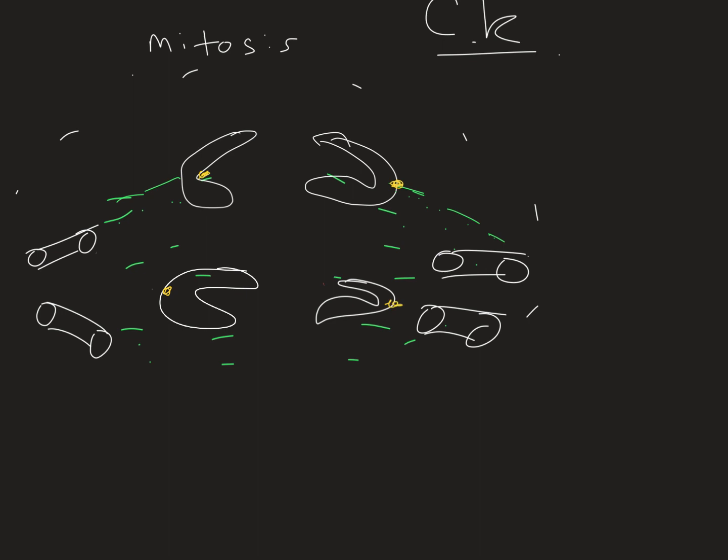Remember that means that this again is big A from mom and big B from mom, and this was a sister chromatid, so this is big A and big B, and of course this was little a and little b, and this was little a and little b.